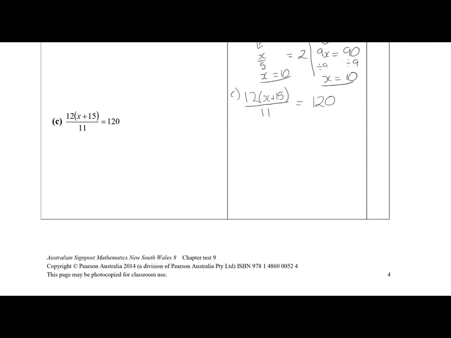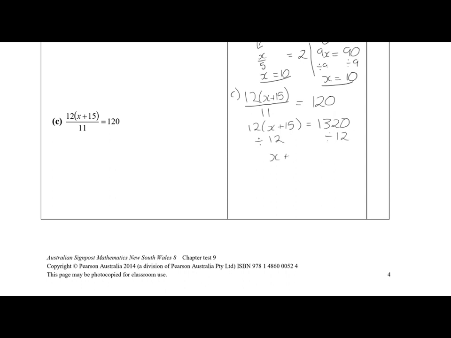So if we just unpick that using the backtracking method, rather than perhaps the shortest one first, well, multiplying by 11 both sides, we would just be left with 12 lots of x plus 15 is equal to 1,320. Then we want to divide that by 12. So I'll put that back in this time, divide by 12.